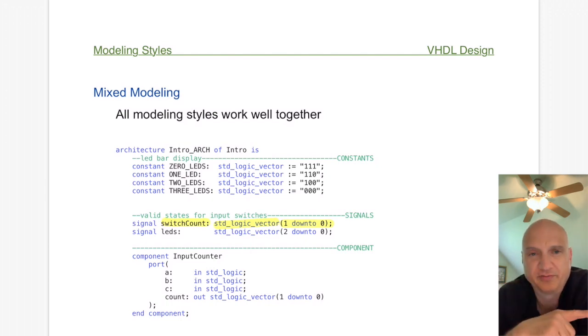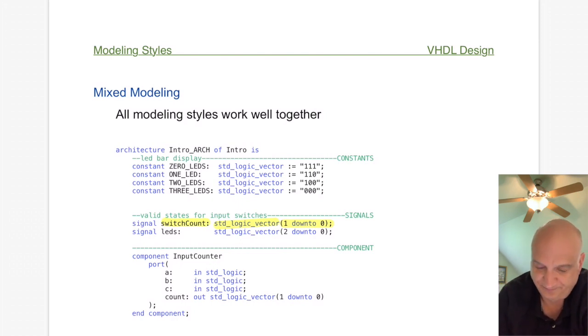So it starts numbering from left to right. Left is 1, and then the next one's a 0. So bit 0 would be on the right, bit 1 would be on the left. This is a 2-bit bus. It can represent 4 possible values, which is very helpful if we're only counting whether or not 3 switches are active or not, right? So we can have a 0, 1, 2, or 3 as the output.